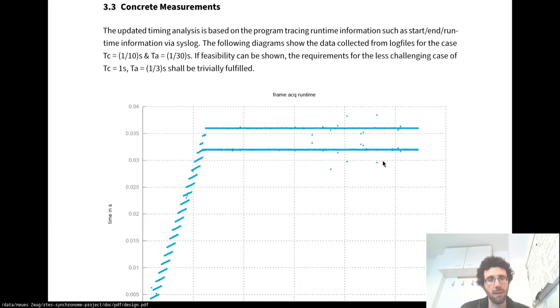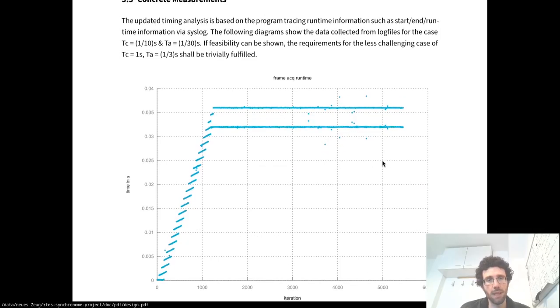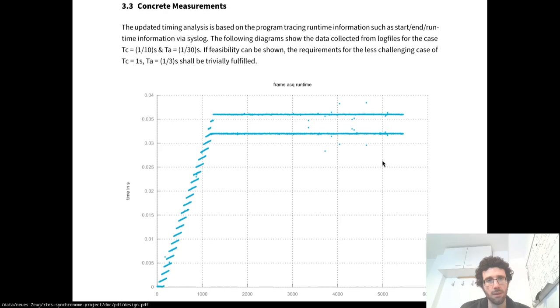And from this timing information, I have generated these plot diagrams, and we can see here that for the frame acquisition service, the execution time is about 33 milliseconds, which makes sense because the maximum frame rate that the camera supports is 30 frames per second.